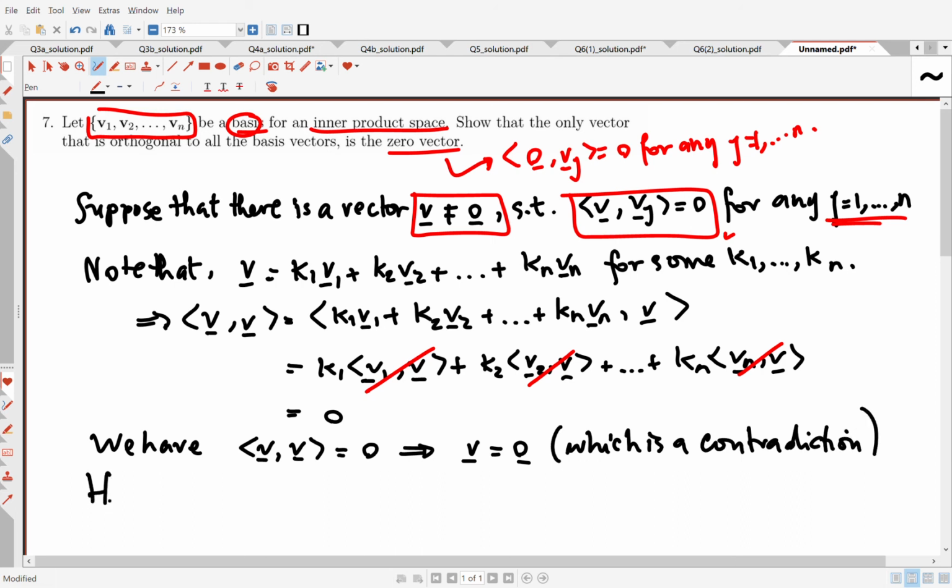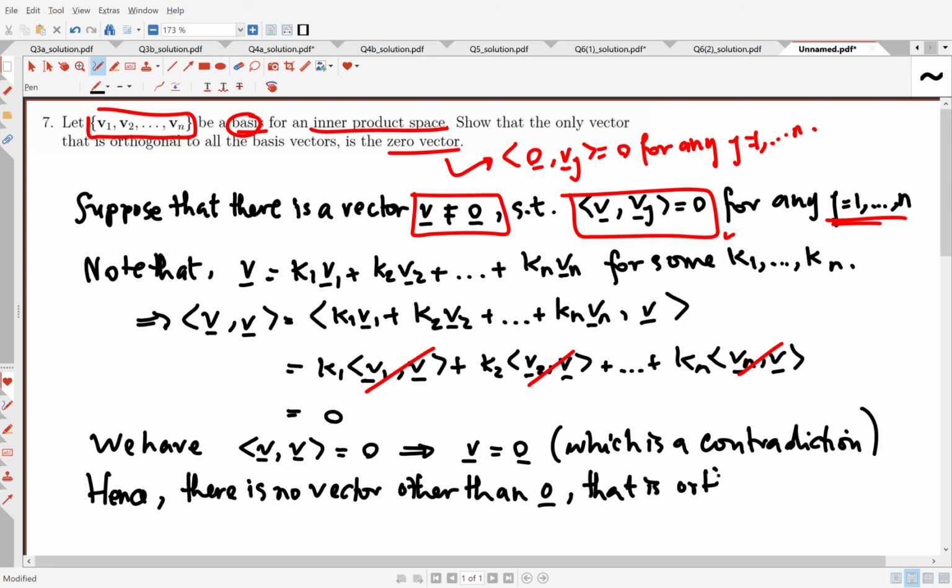Okay, hence there is no other vector other than the 0 vector that is orthogonal to all the basis vectors. Okay, good. It should be clear.